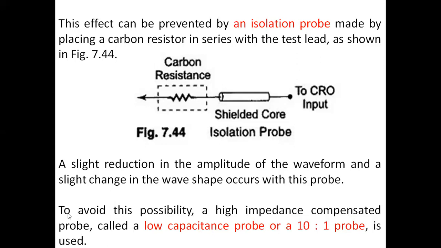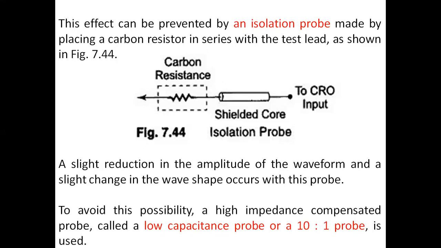Okay. So to avoid this, a high impedance compensated probe called a low capacitance probe or a 10/1 probe is used to reduce the reduction of the amplitude and the change of the waveform shape. So we can go for the low capacitance probe or 10/1 probe, and it provides high impedance compensation.